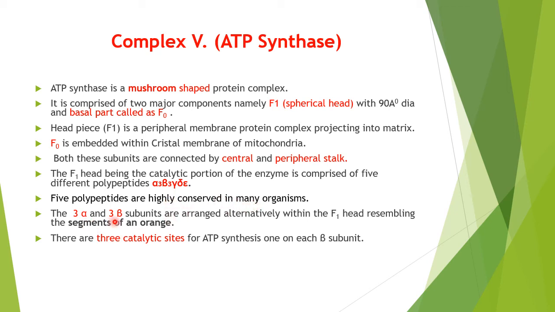There are 3 alpha and 3 beta subunits, which are arranged alternately within the F1 head, resembling the segments of an orange. There are 3 catalytic sites for ATP synthesis, one on each beta subunit. We will discuss this during oxidative phosphorylation.